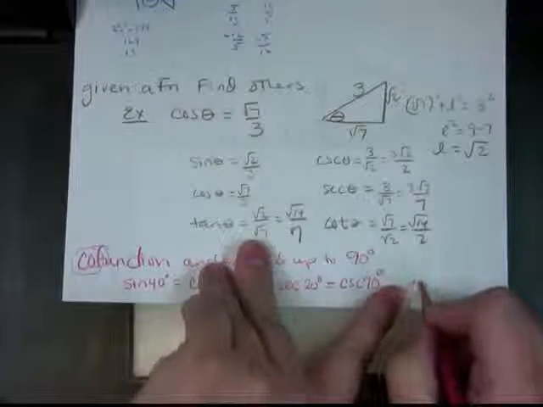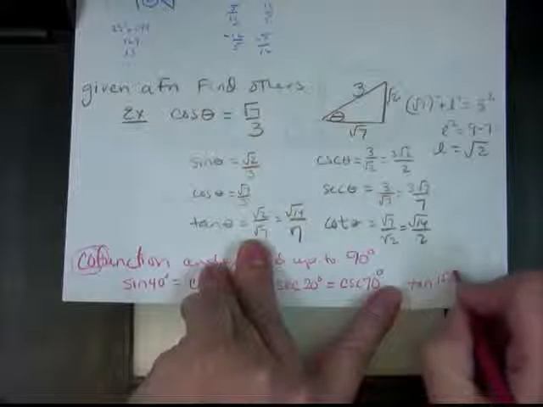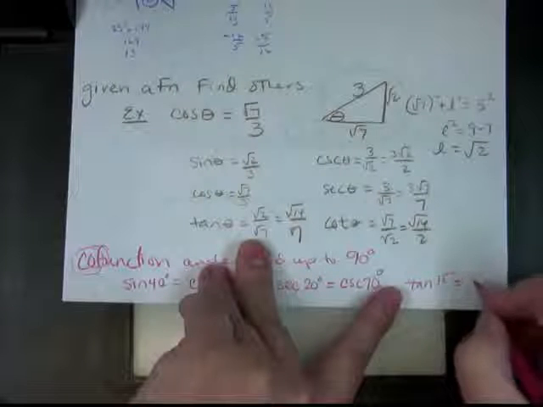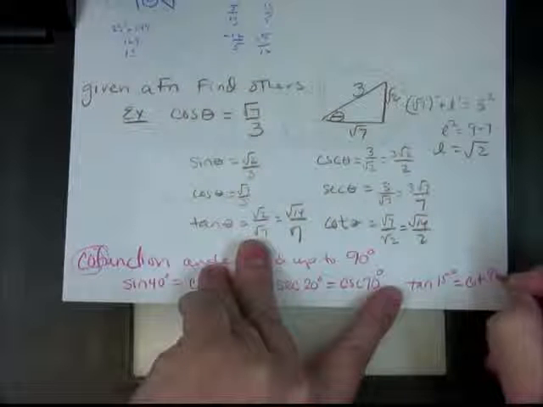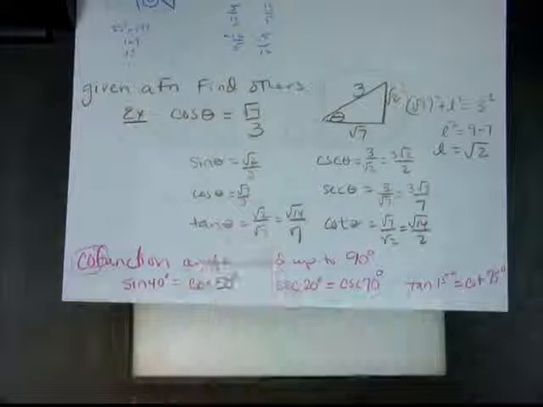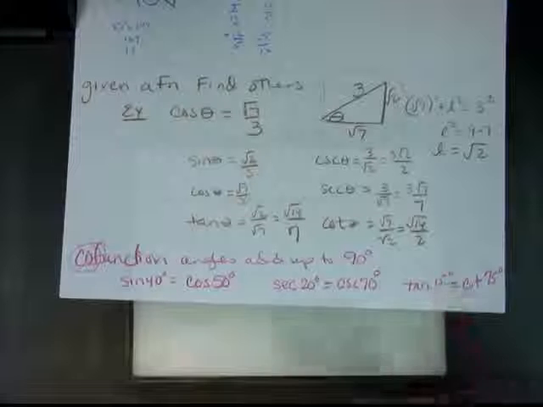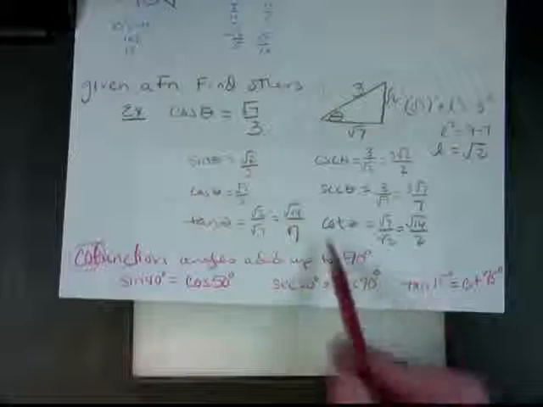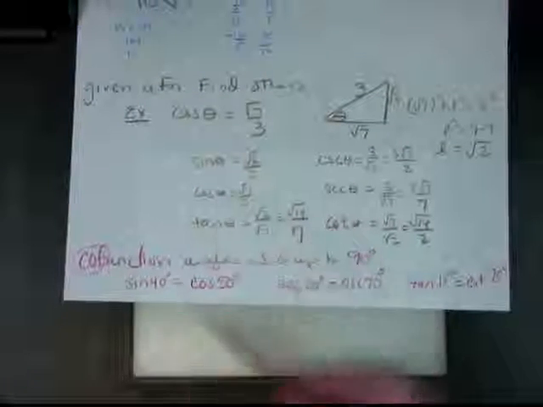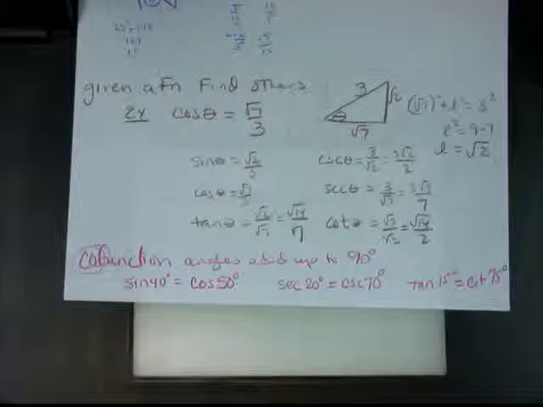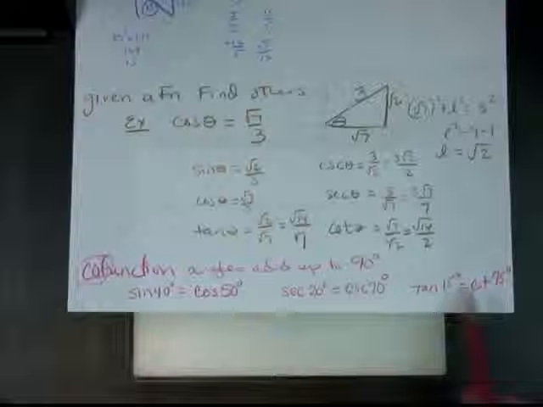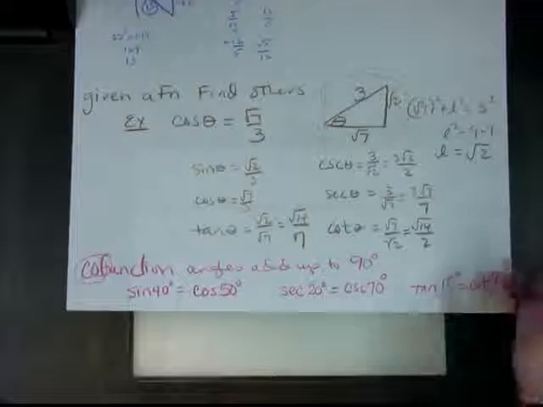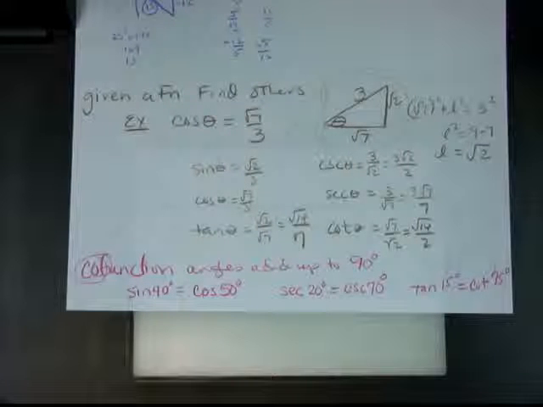And then tangent of 15 degrees is cotangent of 75 degrees. Tangent and cotangent are cousins as well, but the other pairs are not. Cofunctions just mean their angles add up to 90 degrees. All right, so that is trig 9.